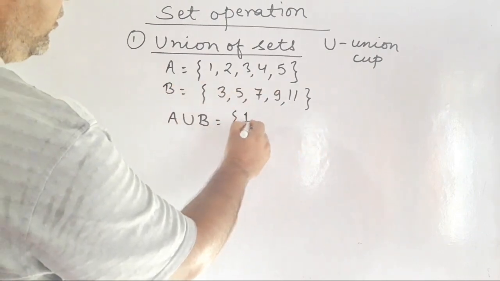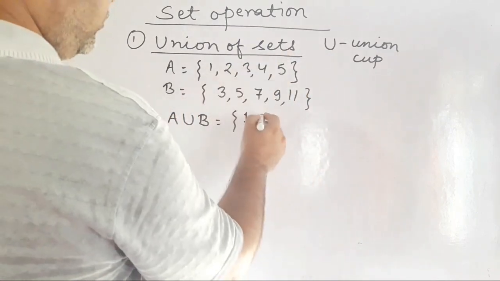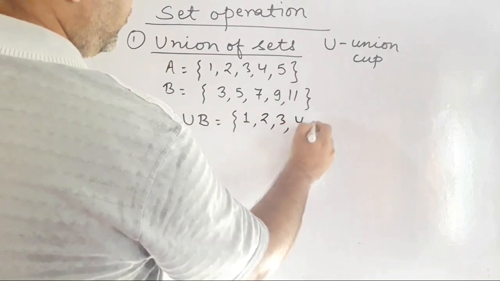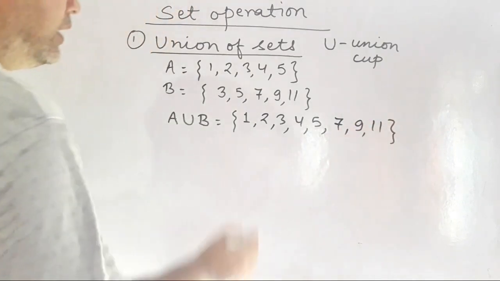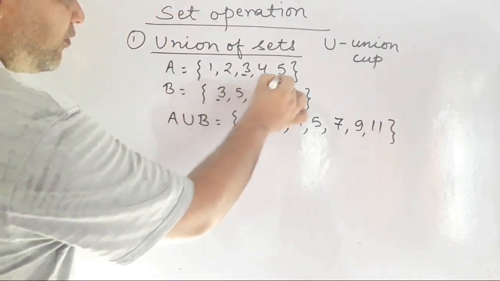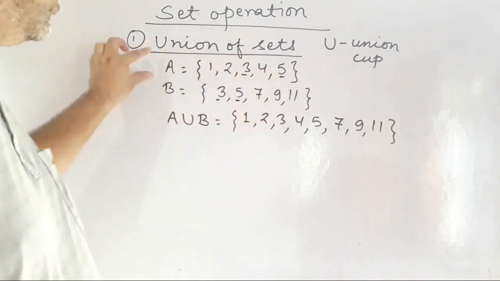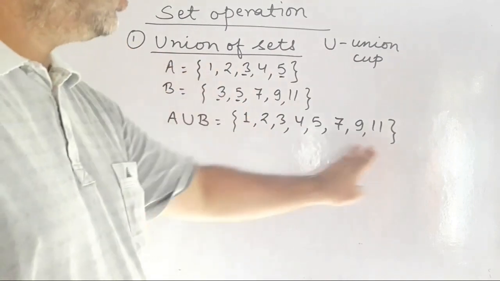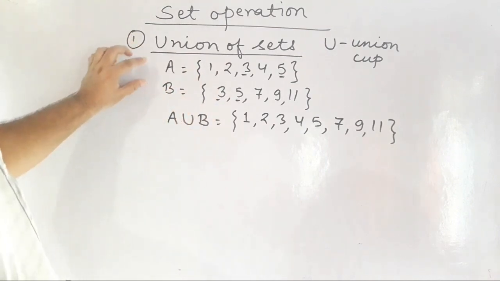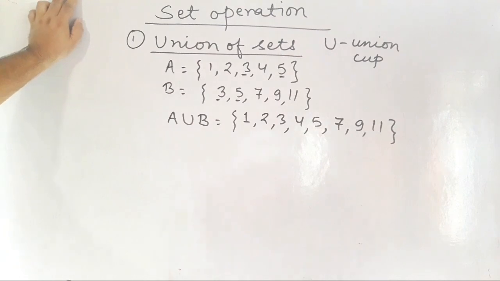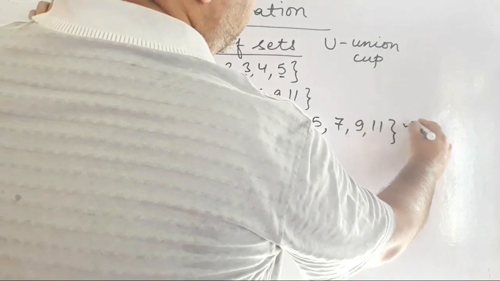We will write all the elements of A and B, but the elements should not be repeated. So 1, 2, 3, 4, 5, 7, 9, 11. Here the elements 3 and 5 are repeated. Yes, we have 3 and 5 in both the sets, but we will not write them twice. We will write them only once, since in a set the elements are never repeated. So from A and B we form a new set.